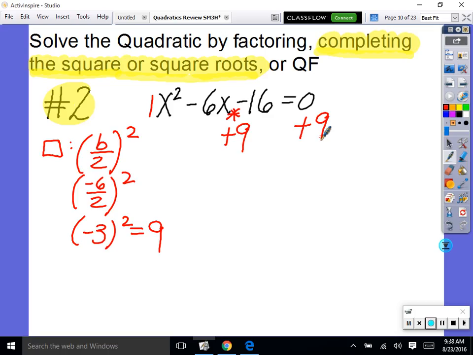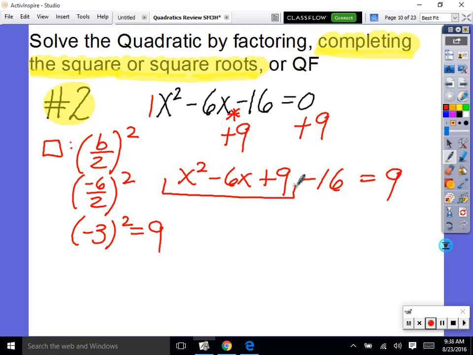Now I'm choosing to put 9 right here for a reason. So I'm rewriting this really quick: x squared minus 6x plus 9. We still have our minus 16, and that's equal to 9. Then we group these first 3 terms, and we say, okay, that factors to be a perfect square. Now here's why. What multiplies to be 9 and adds up to be negative 6? Isn't that negative 3 times negative 3?